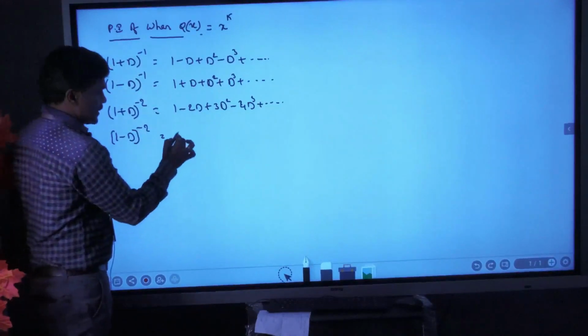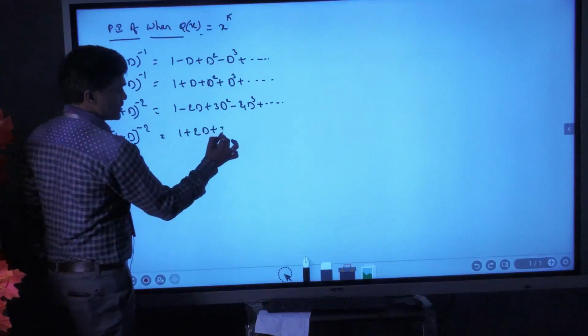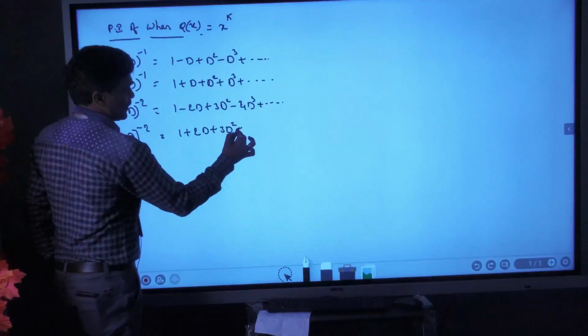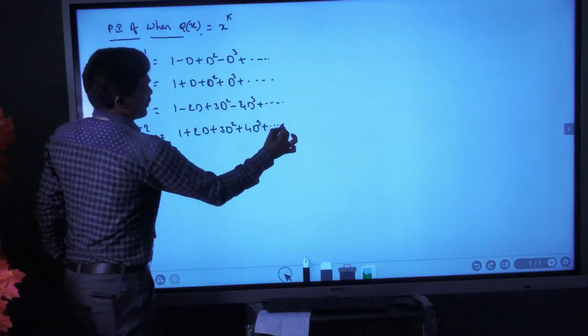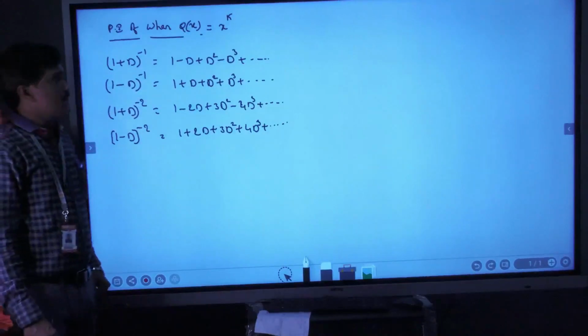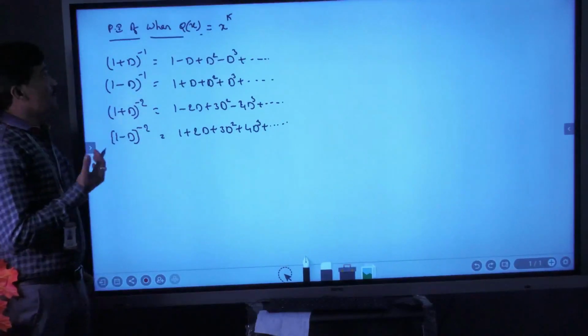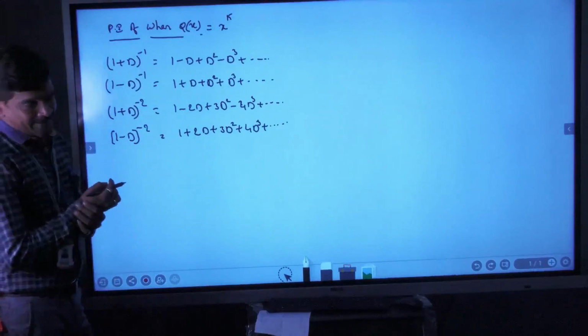So in this case write the formula 1 plus 2d plus 3d square plus 4d cube plus and so on, right? So these are the formulas we use for finding particular integration when q is x power k. Okay.